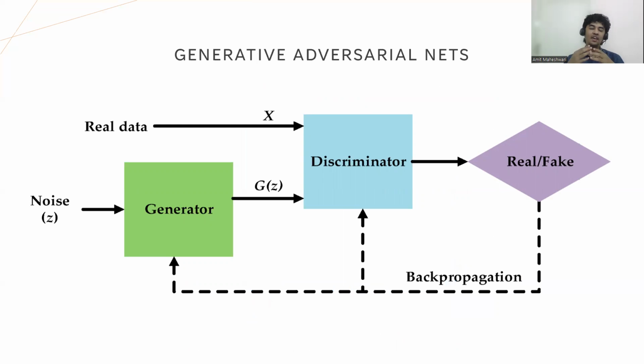So GAN again has two segments, but unlike the autoencoder, GAN has two separate networks. The first network is called the generator and the second is called the discriminator. As the names suggest, the generator's role is to generate or mimic the training data, and the discriminator's role is to discriminate whether the current input is a fake, generated one or a real one.